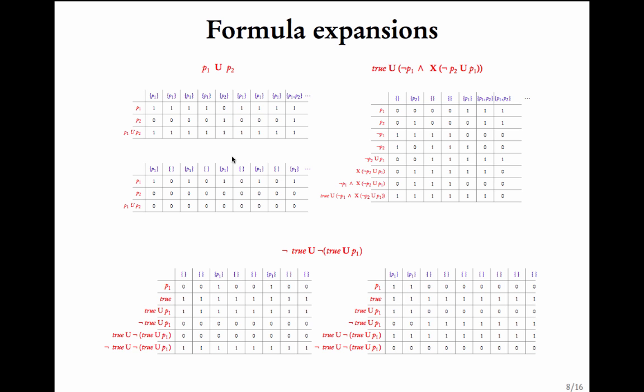Look at this. P1 was 0 means not P1 will be 1. Again, P2 is 0 here means not P2 will be 1. Similar. So you see there are many not formulas. If true until P1 is 1 here, the not of that will be 0. So if you have a formula corresponding to phi and not of that, the row corresponding to the not will be the flipping of the phi.